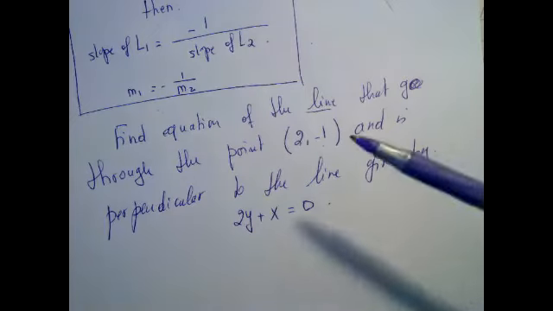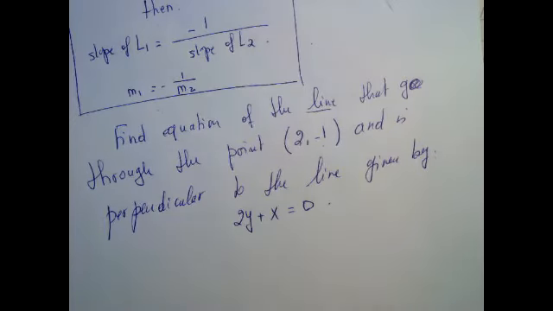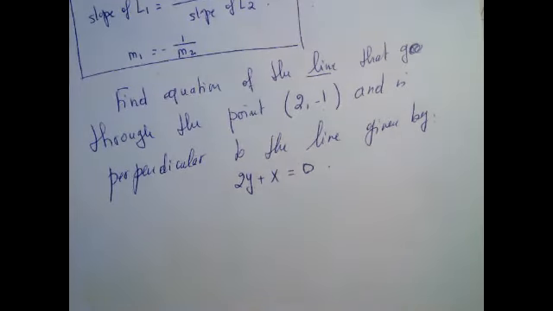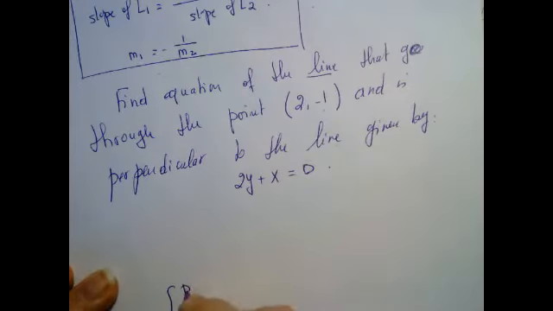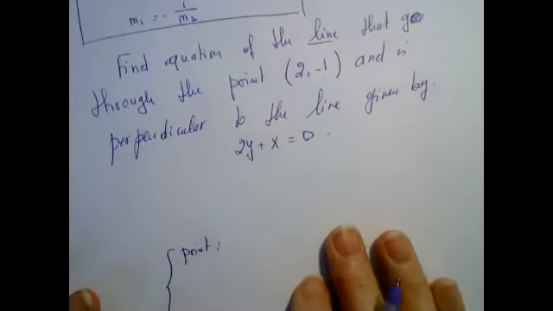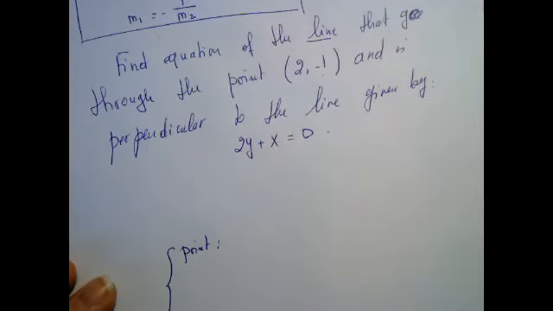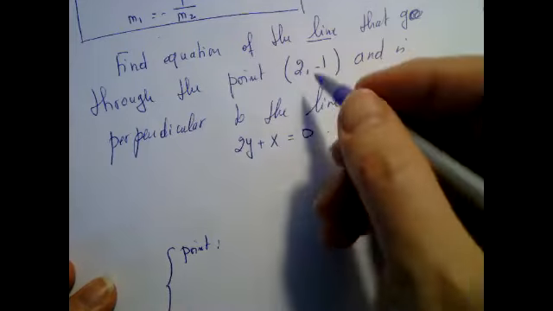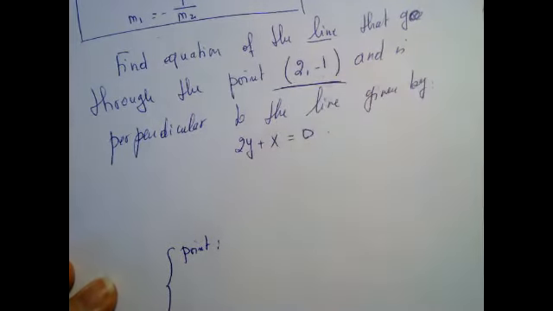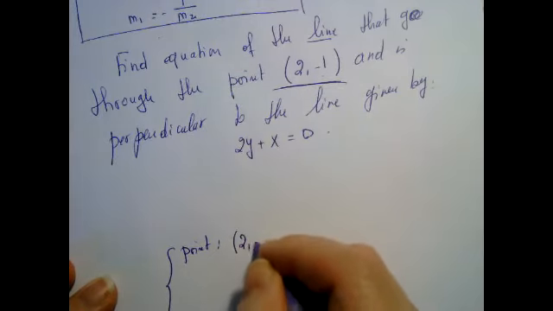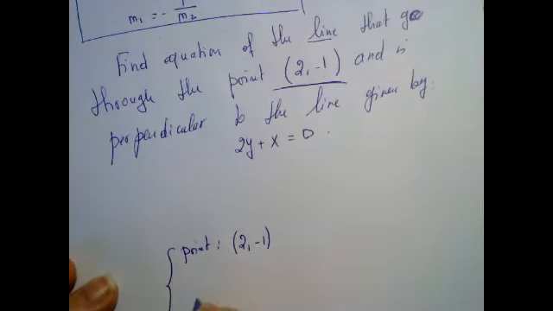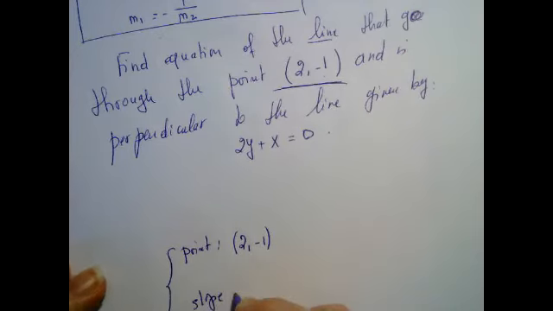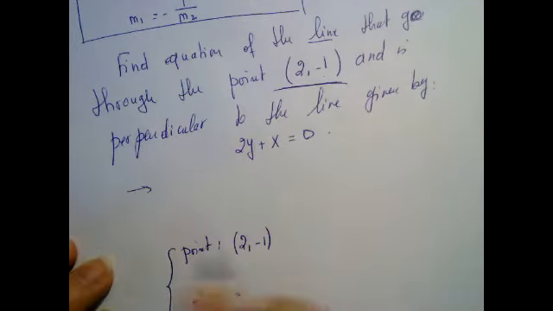Whenever you need the equation of a line, you always remember you need a point and the slope. If you have both, then you can write the equation of the line very easily. So do we have a point on this line? Quickly, what's the point? The point is 2, minus 1. But then I need the slope. How can I figure out the slope? I left an empty spot here for a reason.